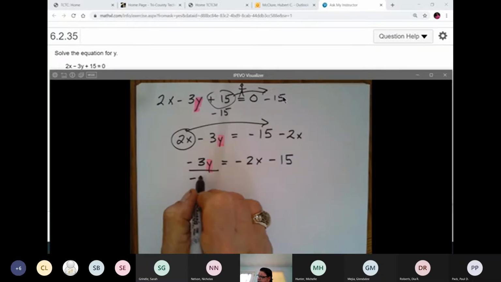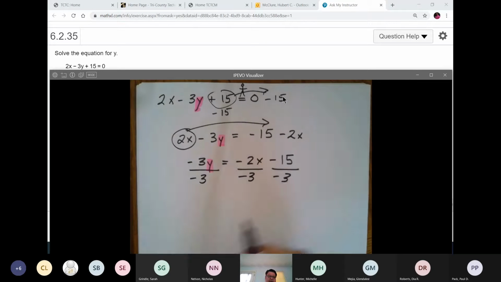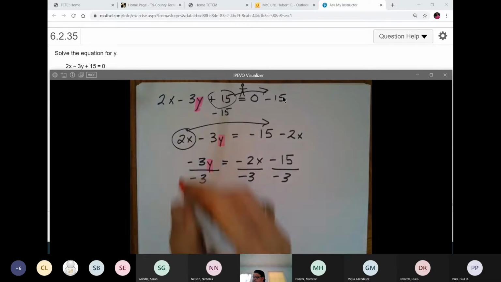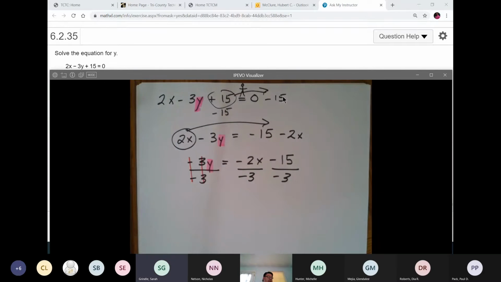Divided by 3, divided by 3, divided by 3. And what happens to those negative 3s? They cancel. And you're left with y is equal to 2/3 x plus what?